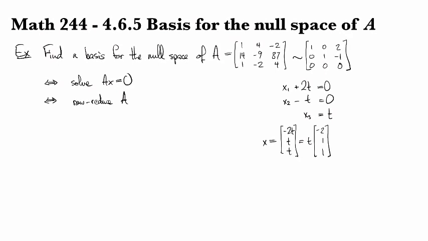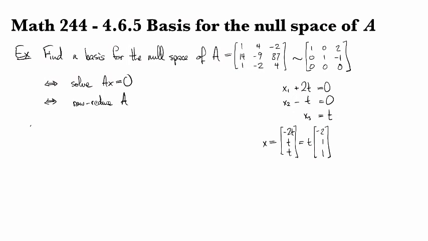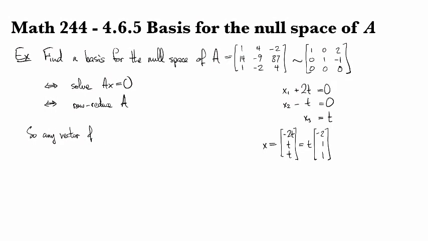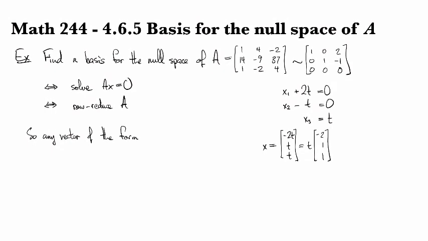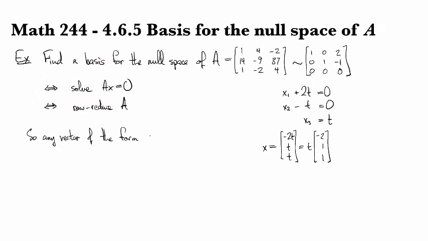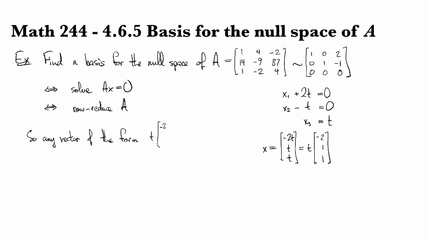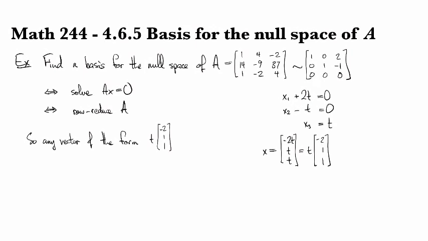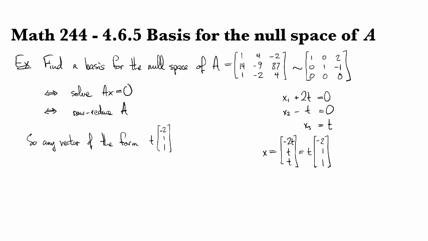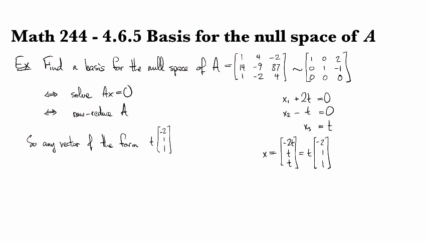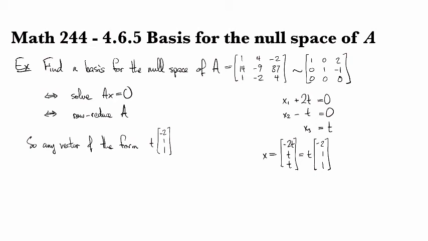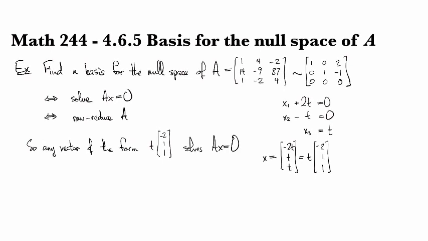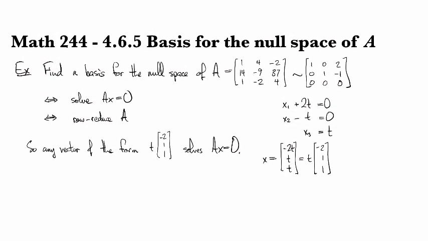And so any vector of the form some number times minus 2, 1, 1. In other words, where the coordinates are in this ratio, where the second and third coordinate are the same, and the first coordinate is equal to minus 2 times either of those other ones. So anything like that is going to be a solution.